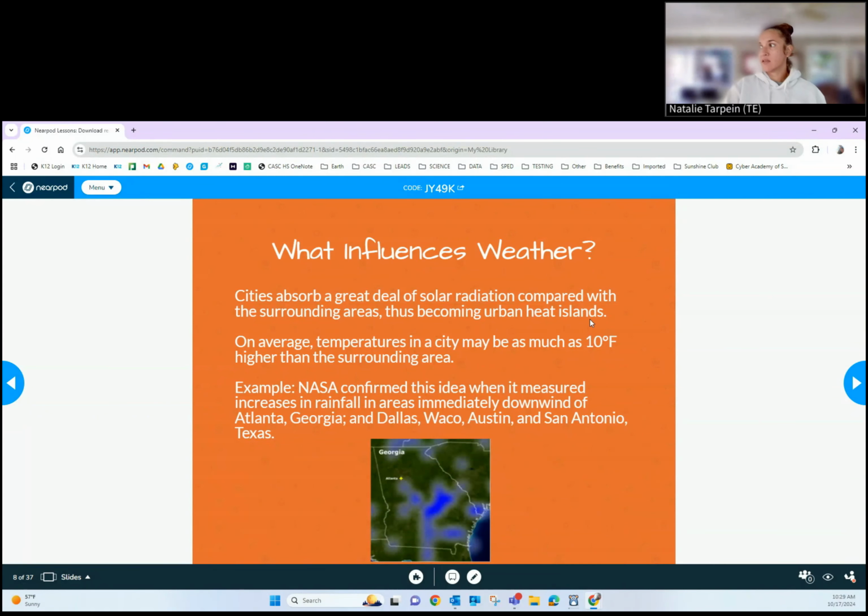They can be as much as 10 degrees higher than the surrounding area. Because if you think about a gray, dark pavement in comparison to more natural colors, that gray, dark is going to absorb more heat, also just because of the material too.